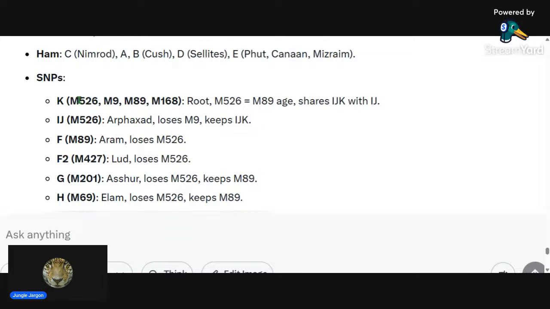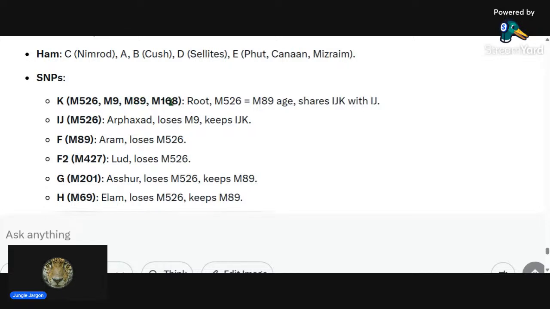K is M526, M9, M89, and M168. See, that's making more sense there. Root. I think K is M9.